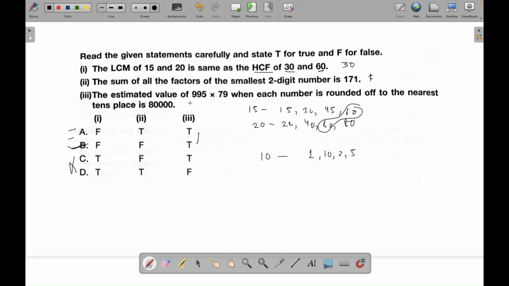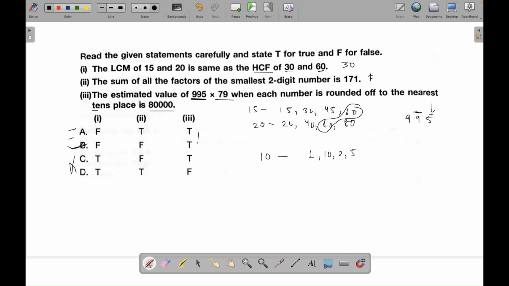The estimated value of 995 times 79, when each number is rounded off to the nearest tens place, is 80,000. So 995, we round this off to the nearest tens. We look at the unit digit and check whether it is greater than or equal to 5.